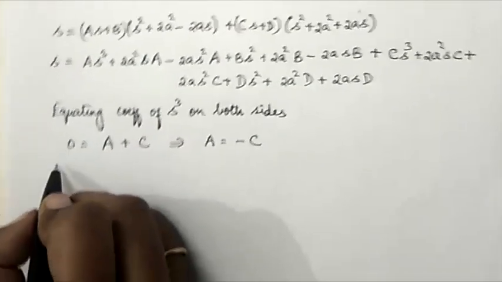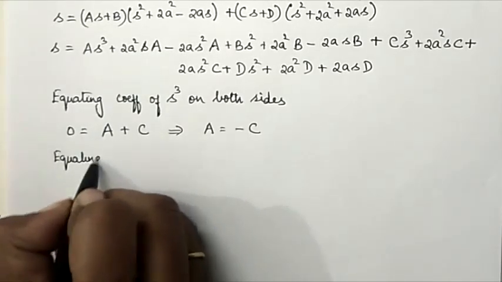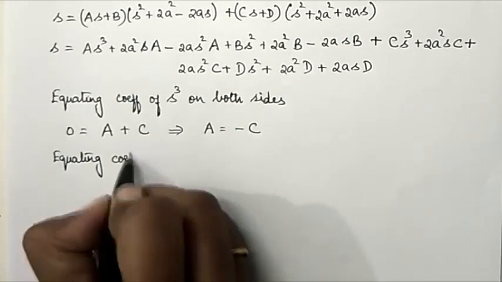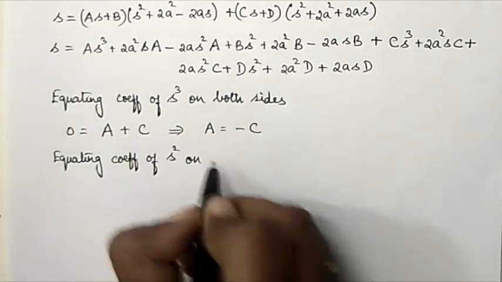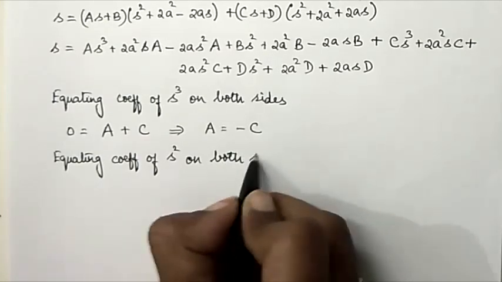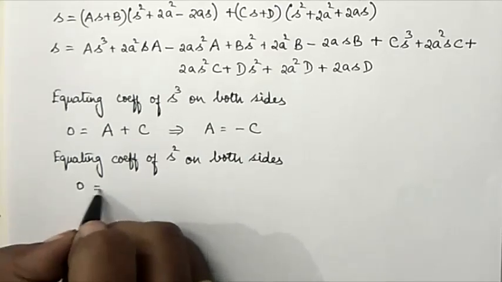Next I will compare the coefficient of s square on both sides. Again we see on the left side the term is 0.